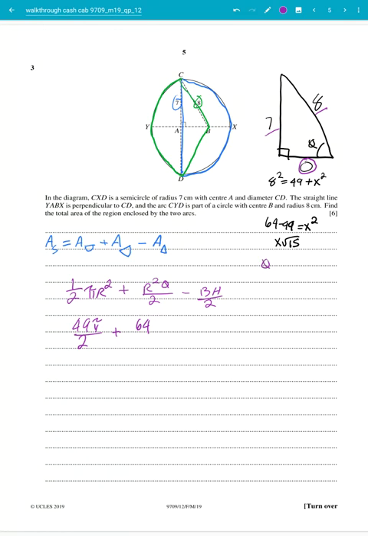So theta is equal to 2 times sine inverse of 7/8, in radians, so that's 64 times 2.13 all over 2, minus our base, which is going to be 14, our height, which is the square root of 15 all over 2.